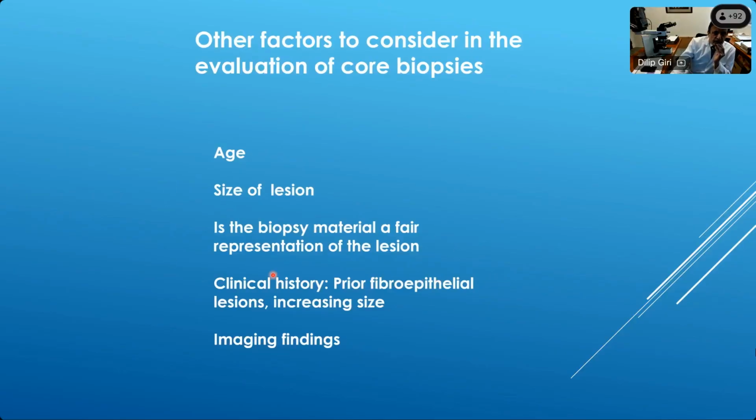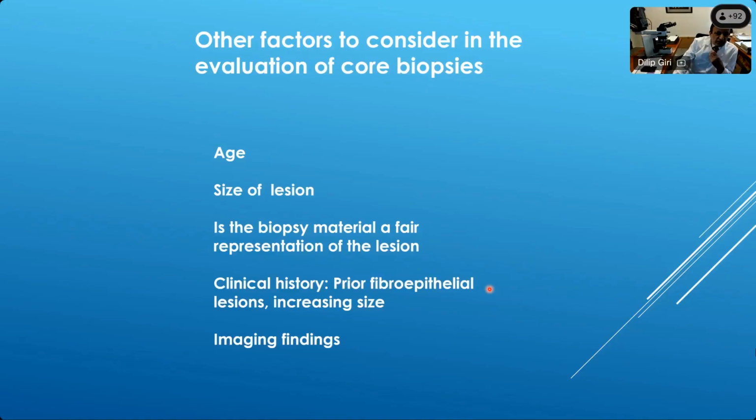Also, the clinical history. Is there history of prior fibroepithelial lesion? Because if there is a history of Phyllodes tumor, and now you have something that looks like a fibroepithelial lesion, it's better to have it excised, even if it looks benign, because this may be a recurrent thing, for all you know, or it may be a new lesion, and it's better that it is excised.